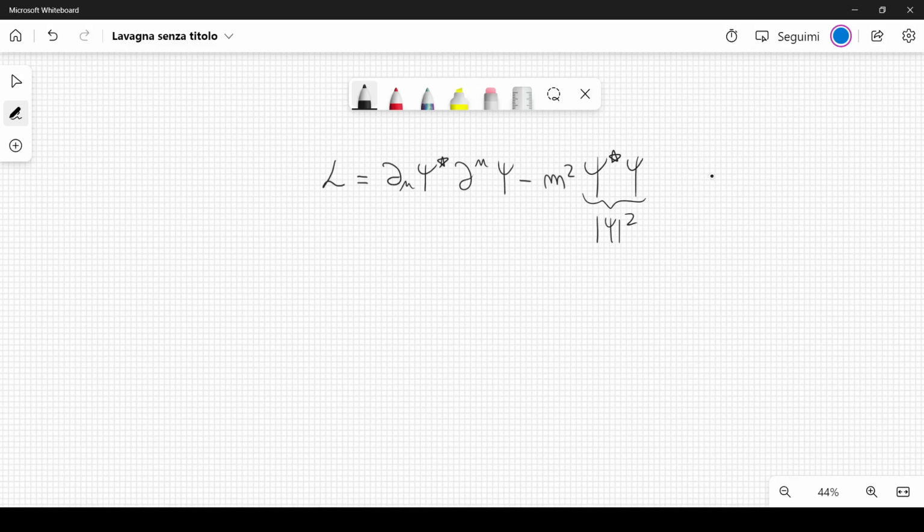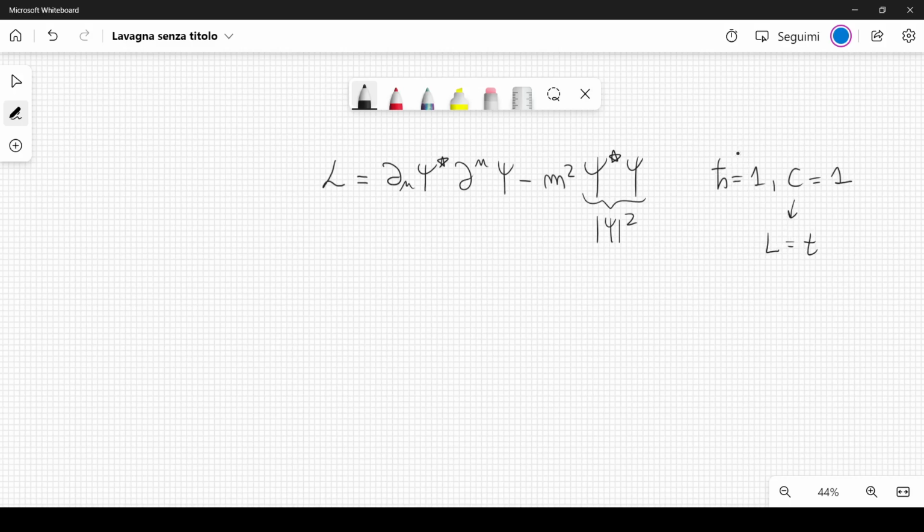I'm considering units such that ħ is equal to 1 and the speed of light is also equal to 1. So with this kind of units, you can see that the velocities are dimensionless, which means that length is equal to time in terms of units.